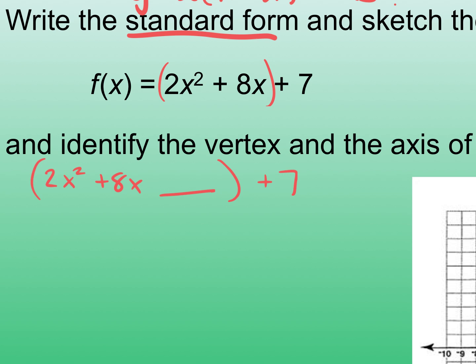What would we do first to complete the square? We can move it to the other side, but that would be if we were solving, where you'd want to move the 7 to the other side. Here we're just rearranging the right side of our function, so I'm going to leave it there. What would we do to complete the square? I'm going to take the 2 out.